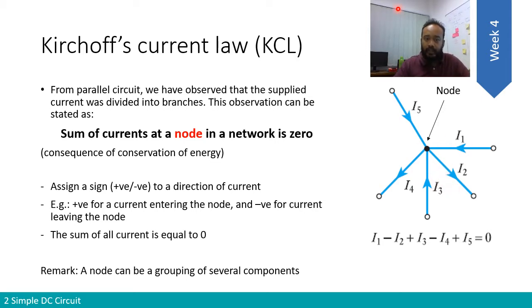Then you sum up all the currents. Here it is I1, which is positive, minus I2, plus I3, because I3 is getting into the node, minus I4, and plus I5 equals 0. This equation we've written here is what we call Kirchoff's current law.